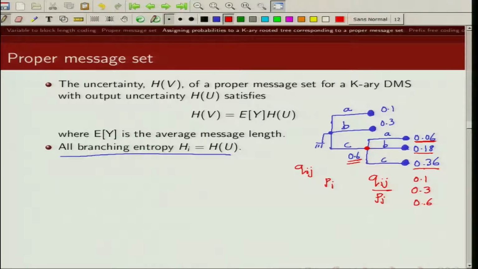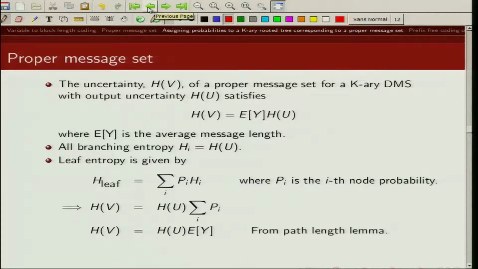So no matter what node I choose, this ratio Qij by Pi is nothing but the probability of these letters A, B, and C. So we can see clearly that the branching entropy of a proper message set is given by H of U.